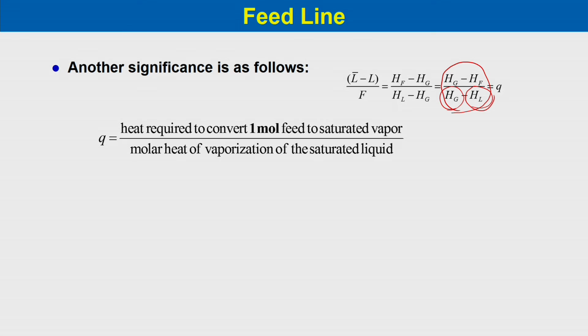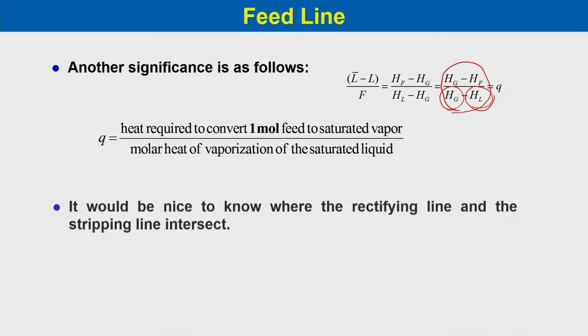So, Hg minus HL is the molar heat of vaporization of the saturated liquid, and Hg minus Hf is the heat required to convert 1 mole of feed to saturated vapor. So, this is the ratio of the heat required to convert 1 mole of feed to saturated vapor divided by the molar heat of vaporization of the saturated liquid.